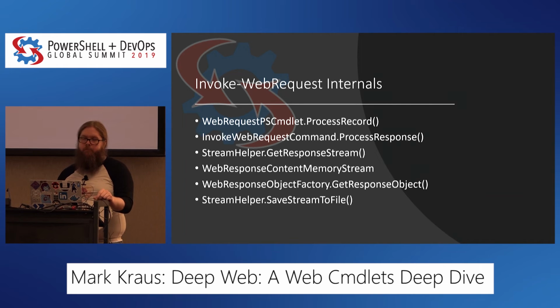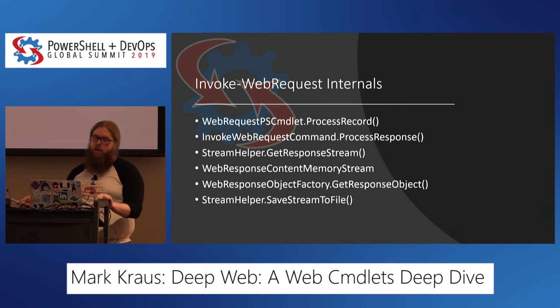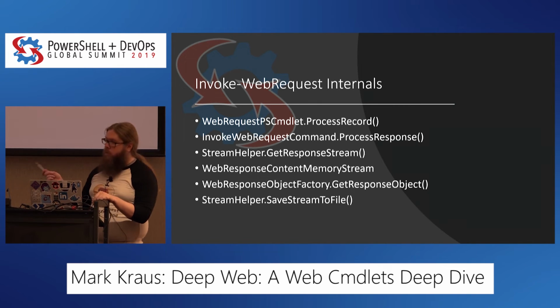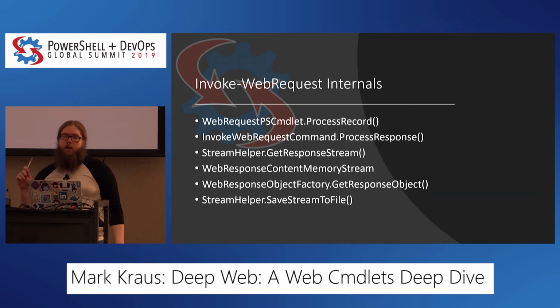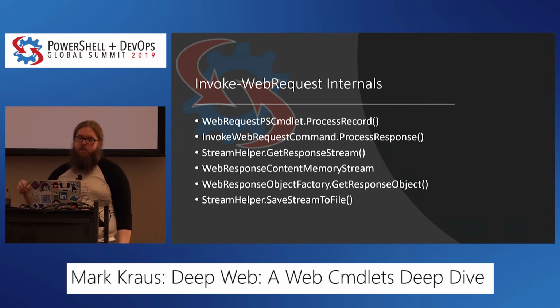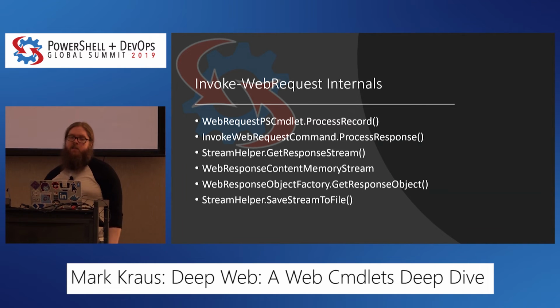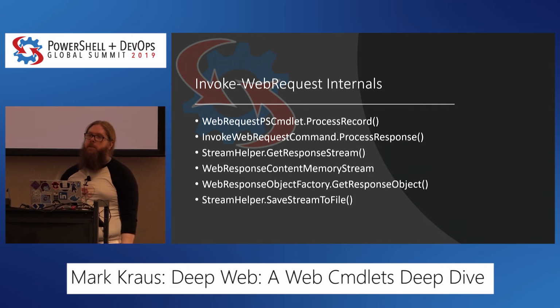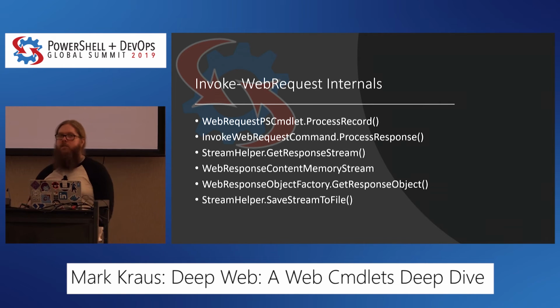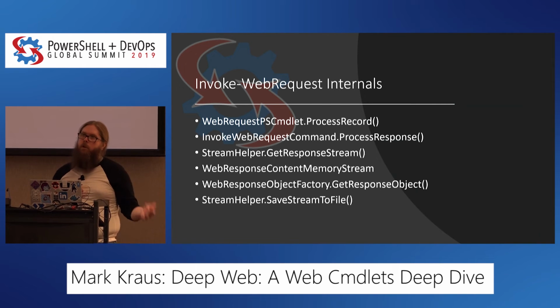So the internals of what this looks like is that ProcessRecord from the WebRequestPSCmdlet gets called. Once that's done, it passes off to ProcessResponse on the InvokeWebRequestCommand class. And then it goes out and calls StreamHelper. That's basically helping us get the response out of that to do some different things based on what response type, what content type it was.